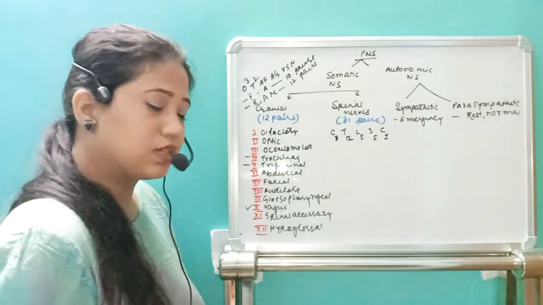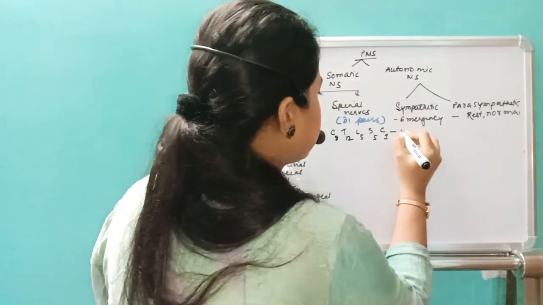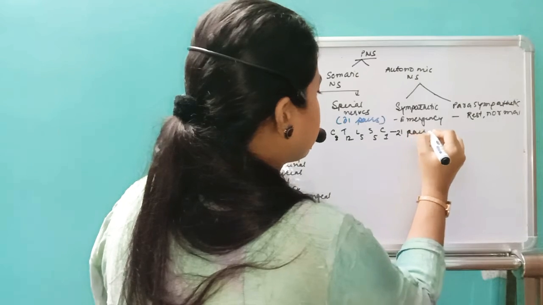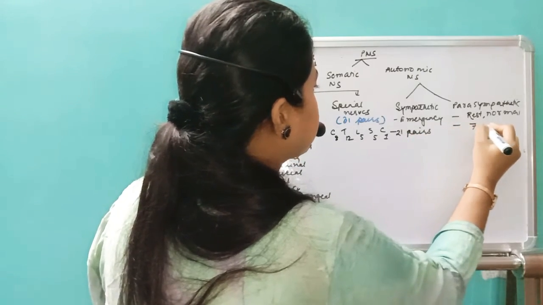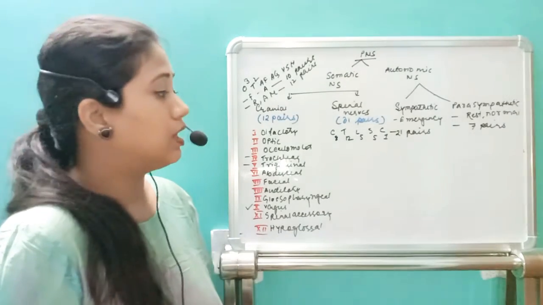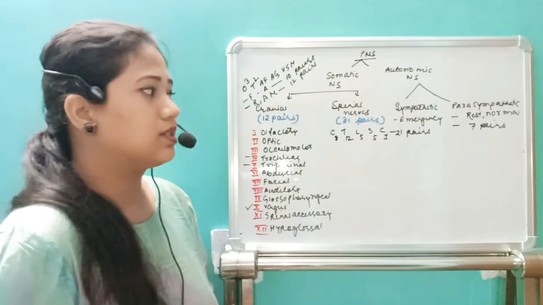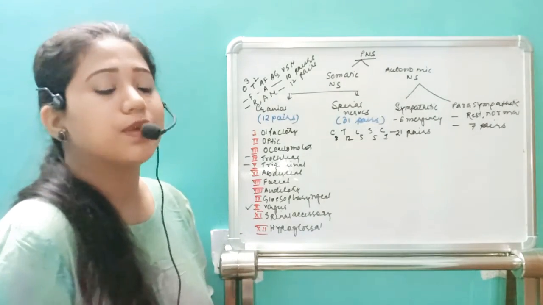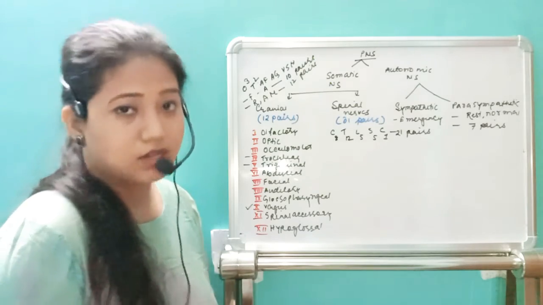We have 21 pairs of sympathetic nerves and 7 pairs of parasympathetic nerves. Let's move to the next part, that is the functions of sympathetic and parasympathetic nerves.